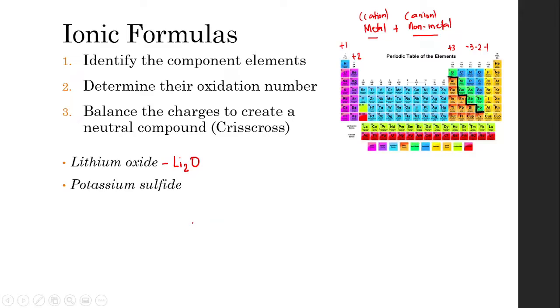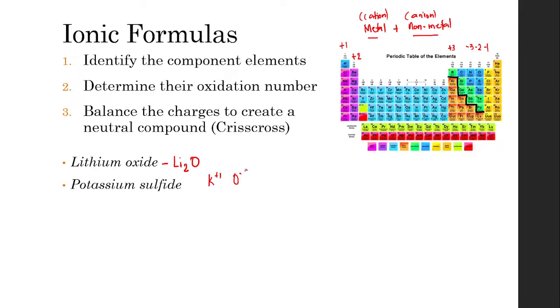So let's try, what about potassium sulfide? Potassium sulfide, potassium is found, again, K is found as +1, so you have our K as +1. And sulfide is also found here, same thing with oxygen, which is at column number 6.